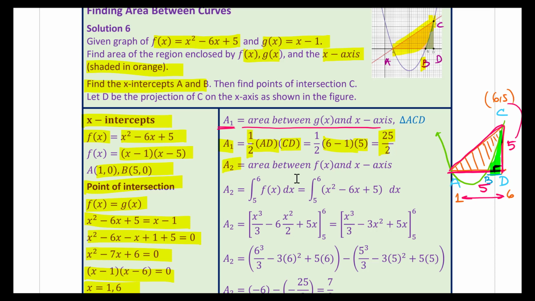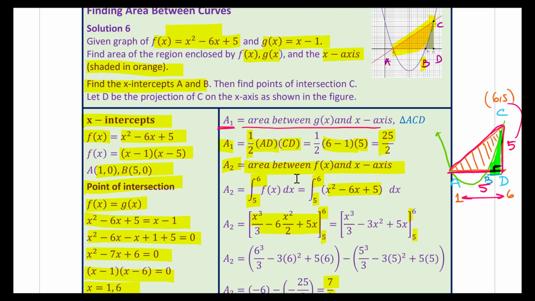So A2 is the area between f of x and the x-axis when x is changing from 5 to 6. Correct? So then integrate this between 5 to 6. The function is x squared minus 6x plus 5 dx, right? Which is f of x. Here is the integral from 5 to 6. Evaluate the value as shown here, and you get that to be 7 over 3.